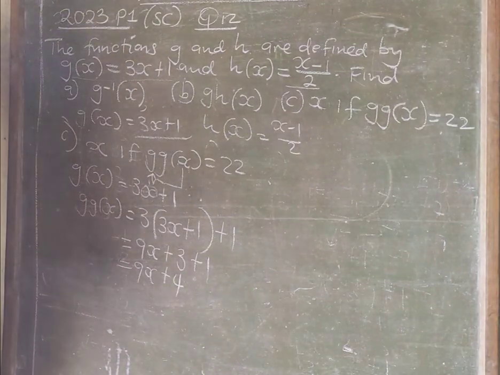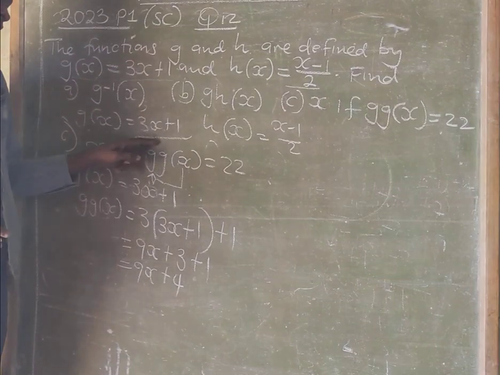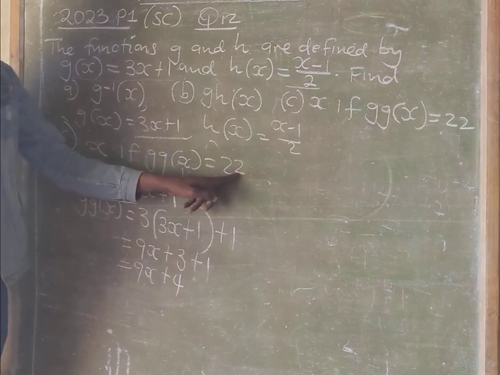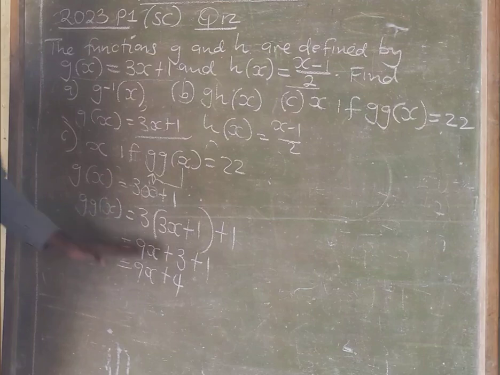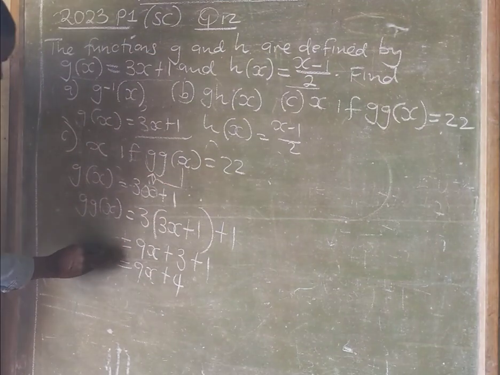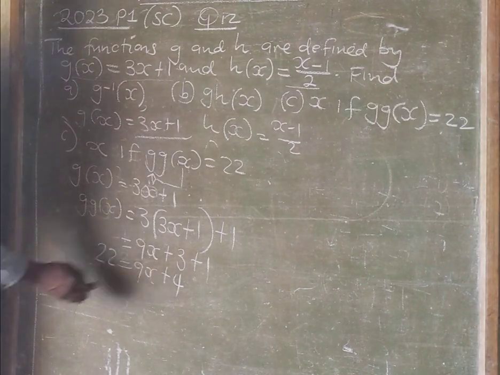Okay, so now in this case you have been told to find the value of x, this x, if this function of g of g of x is equal to what? 22. So what you're going to do is equate this function that you have come up with to 22. So you put 22 here. Then we find the value of x.